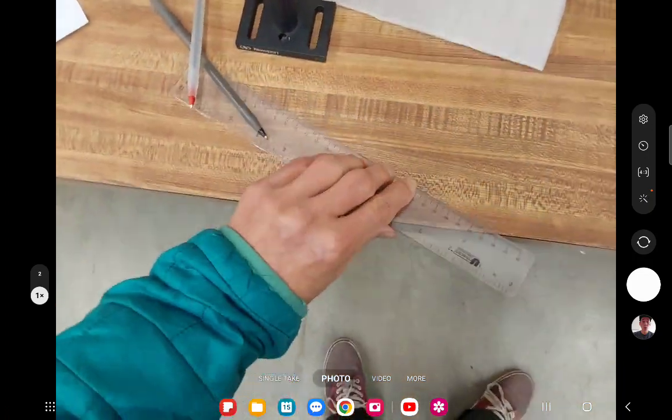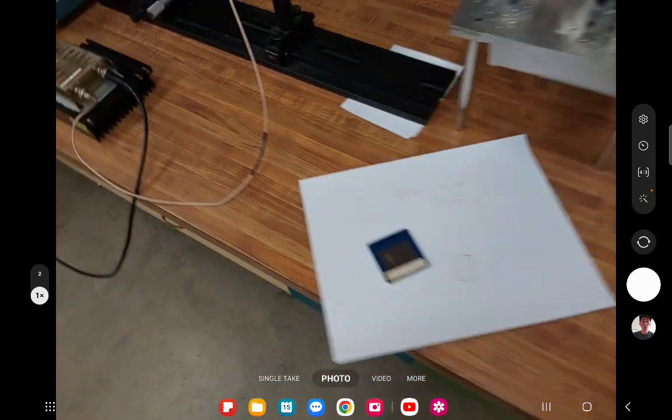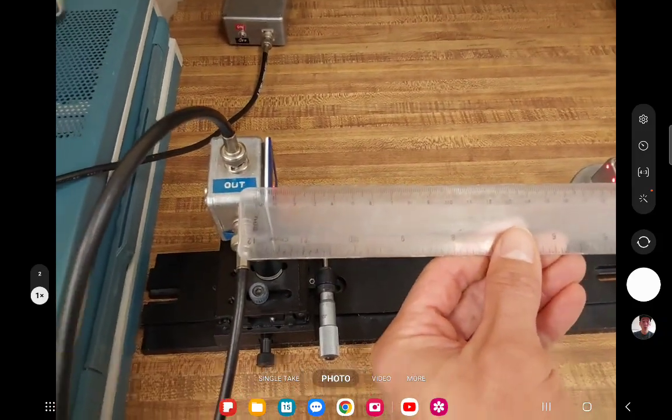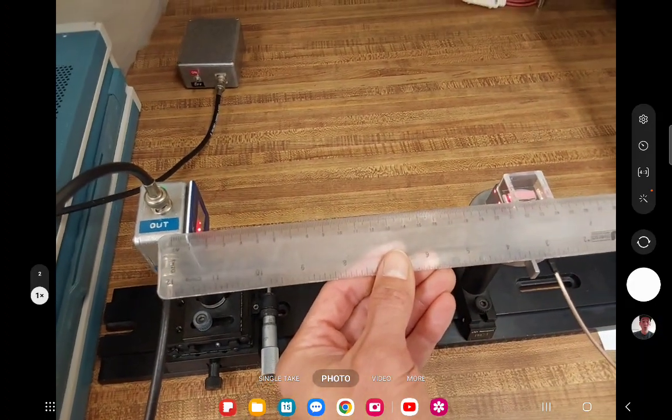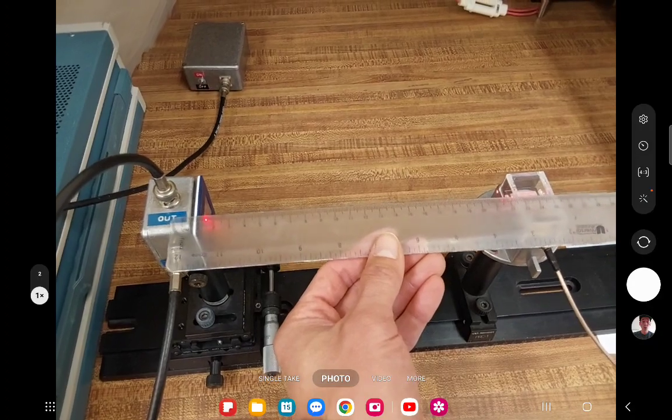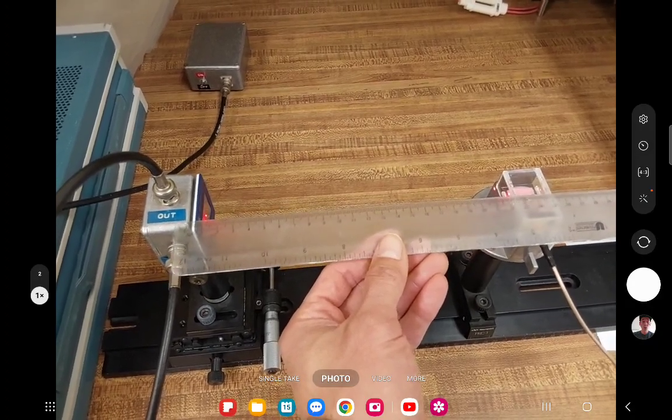And this is the crudest part of this lab. So roughly speaking, this is going to be really, really uncertain, right? So that's what I'm measuring right there.